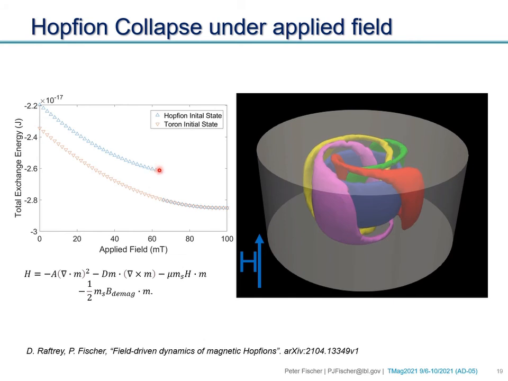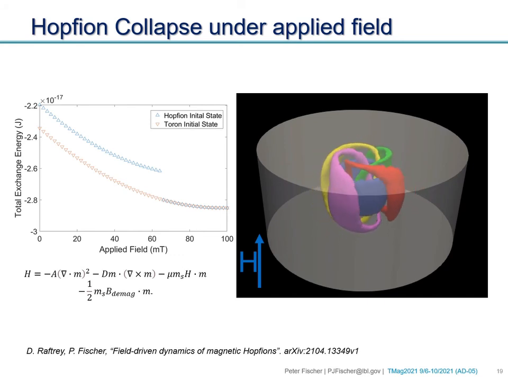This is also shown in this movie. You can see how the Hopfion texture, these linked isosurfaces, collapses finally into this one here, which is the Toron state. Again, these are all simulations that are just waiting for experimental verification.